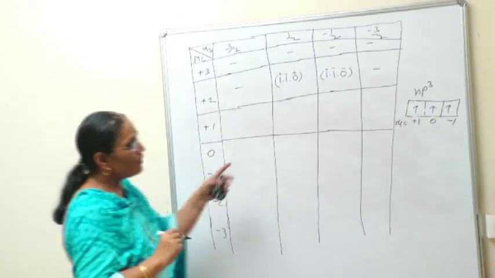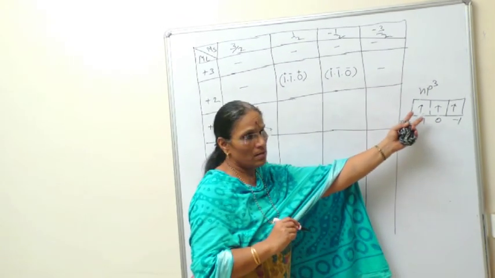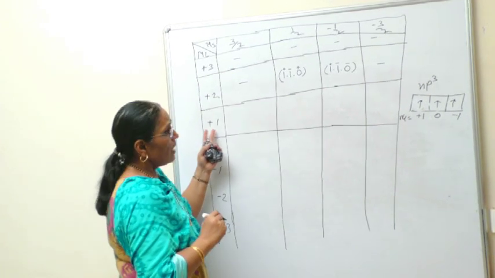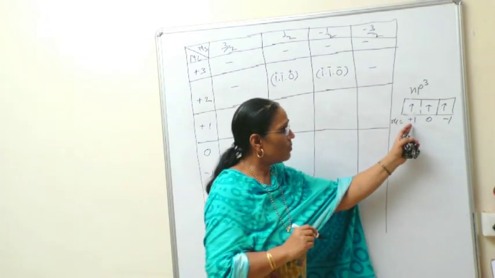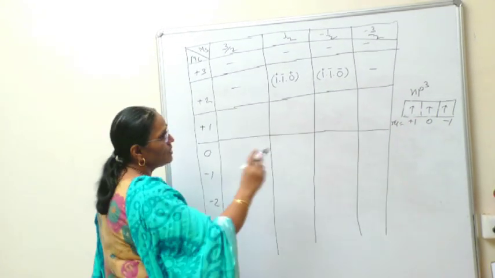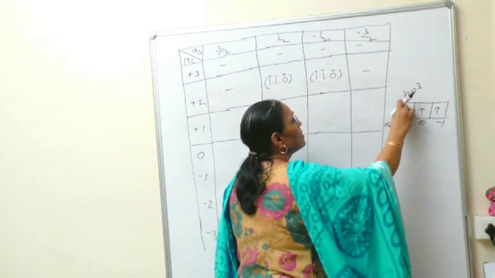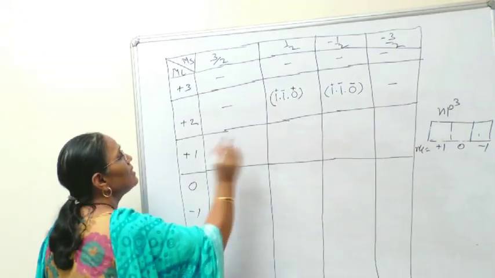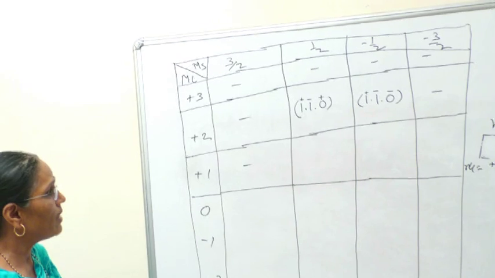But if we arrange such an electronic configuration, then the total ml changes: it becomes 0, plus 1, minus 1, and 0, so the total becomes 0. So this arrangement is not possible for the first place. So here also we will not get any microstate.